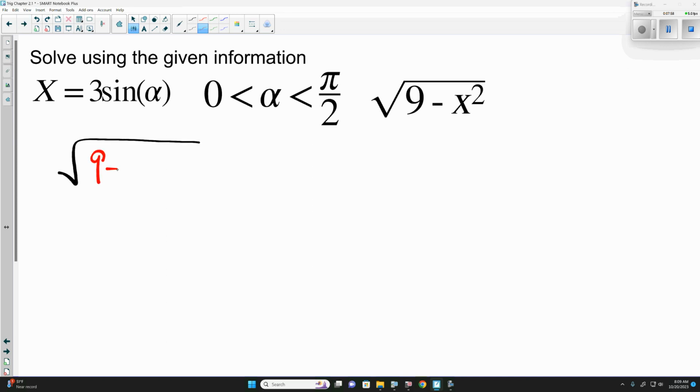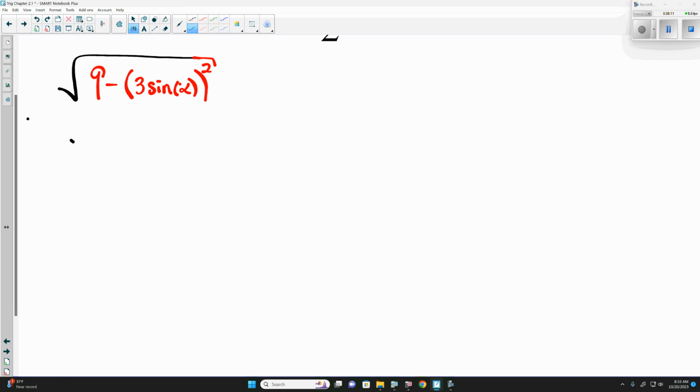So we have 9 minus x squared. Well, it's going to be 9 minus 3 sine of alpha squared. So we replace x with 3 sine of alpha squared.